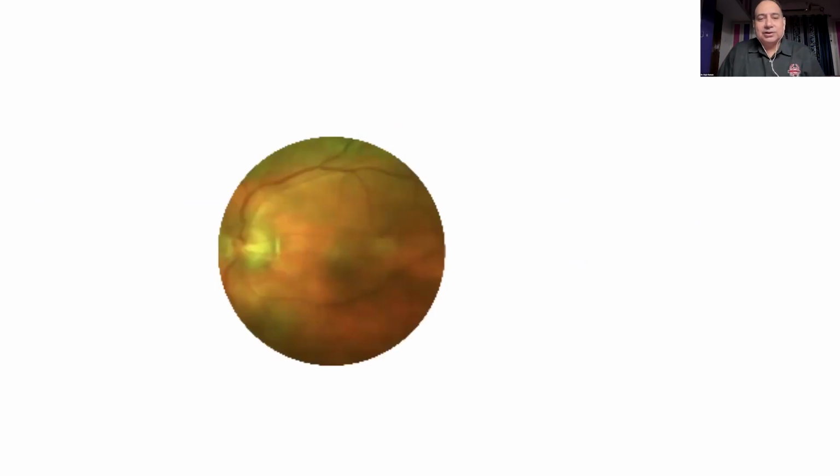So why is it important? I'll start with a simple example. This was a 45-degree posterior pole image, and some retina specialists may understand that the upper part of the retina seems to be detached. But the majority of ophthalmologists may feel that there is a hazy view. You cannot make out that detachment.